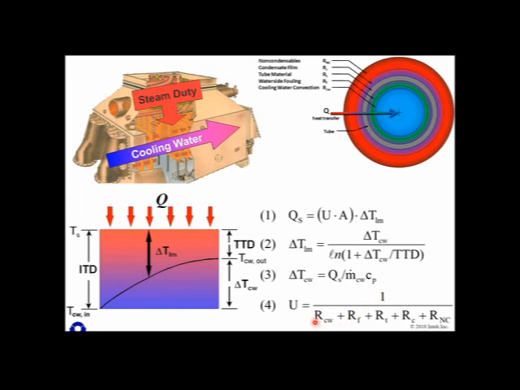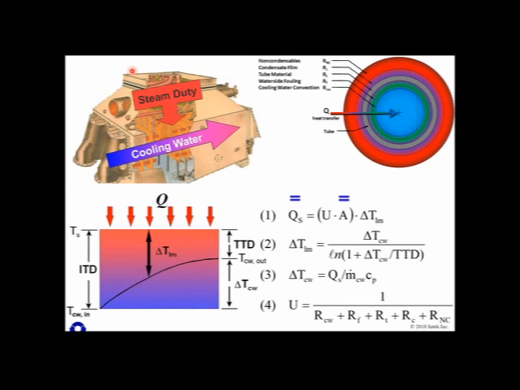And so we can see here that if any one of these R values that I just described in this diagram increases, the U, the equivalent heat transfer coefficient, decreases.